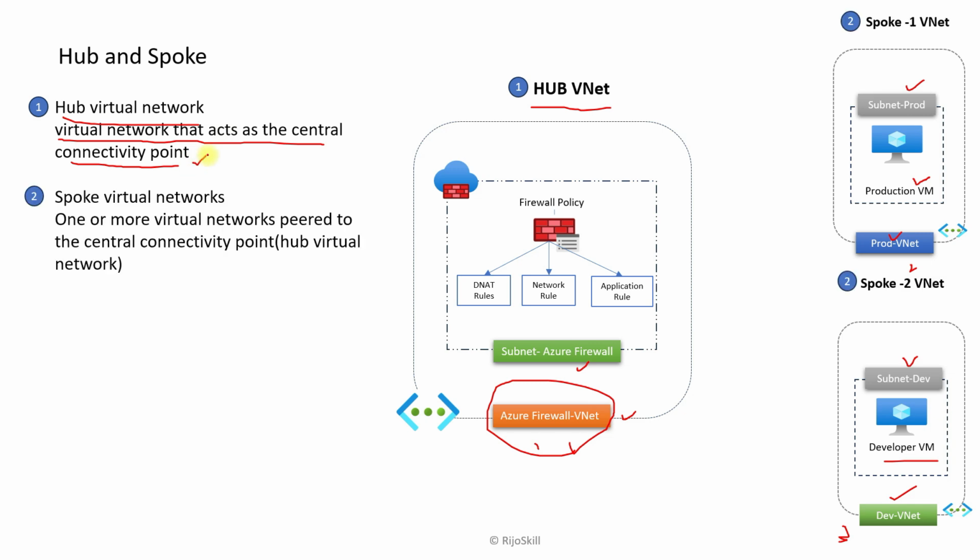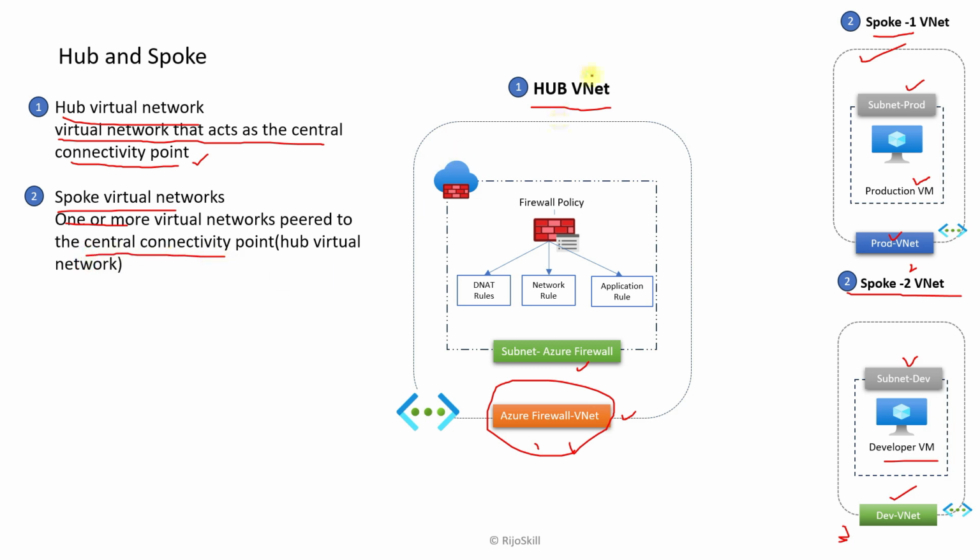Next we will go for the spoke virtual network. We consider the development VNet and production VNet as spoke 1 and spoke 2. What does spoke mean? One or more virtual networks that pair to connect with the central connectivity.